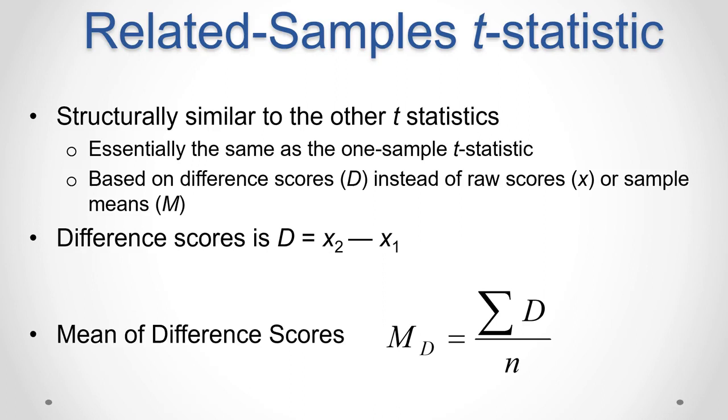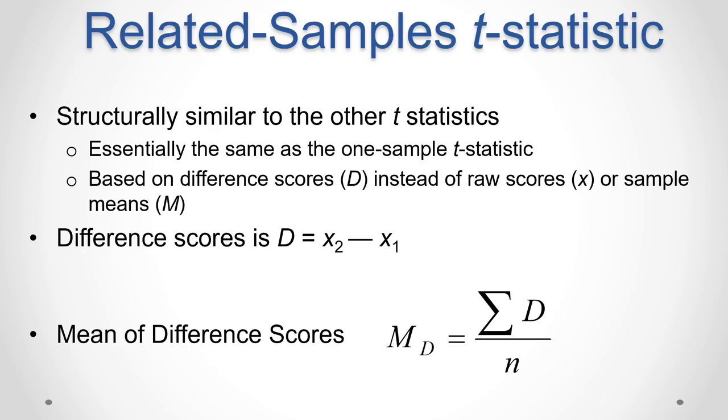Related samples t-statistic is structurally the same as one sample t-statistic from Chapter 9. Related samples t-statistic is based on difference scores D, instead of raw scores X, or sample means M. So to prepare for statistical analyses, we need to calculate difference scores, or the difference between first and second scores.